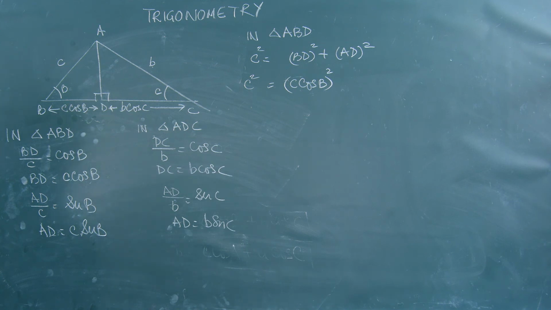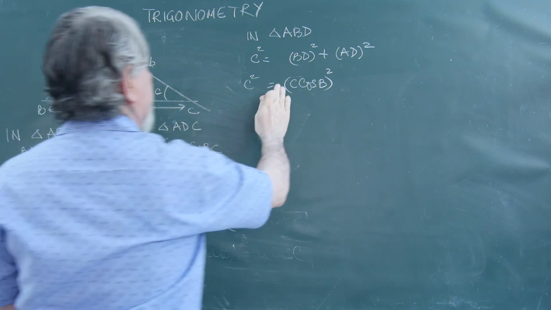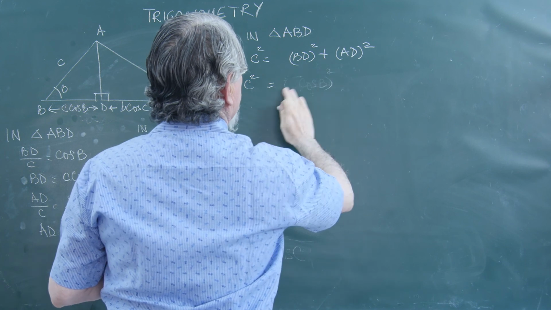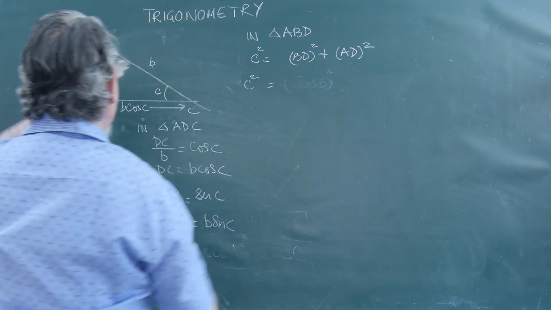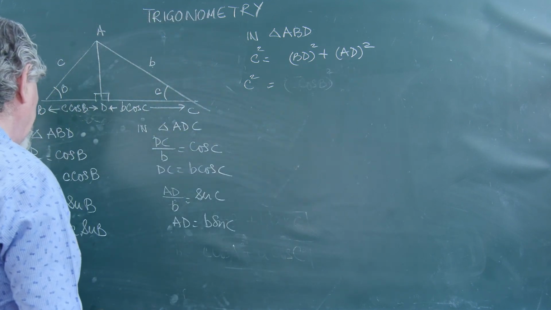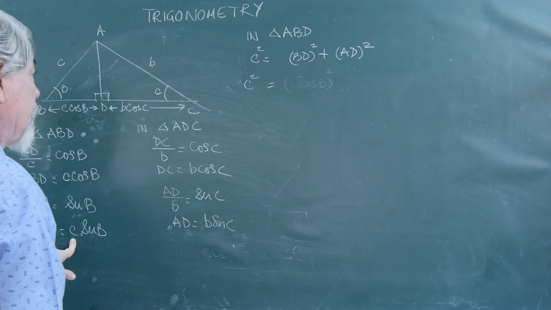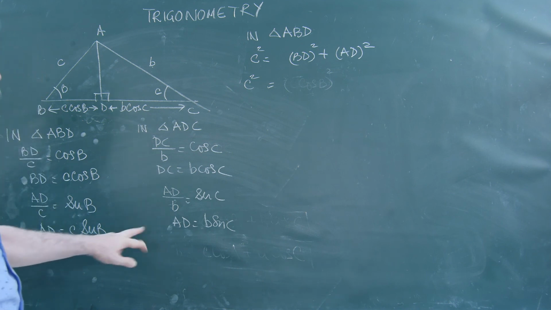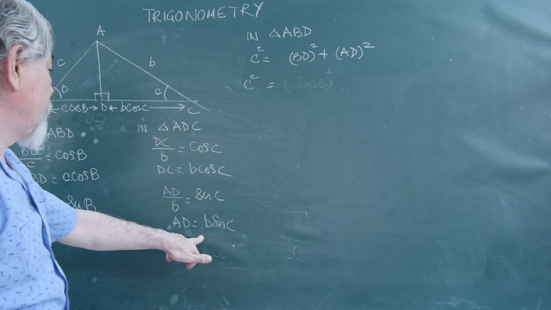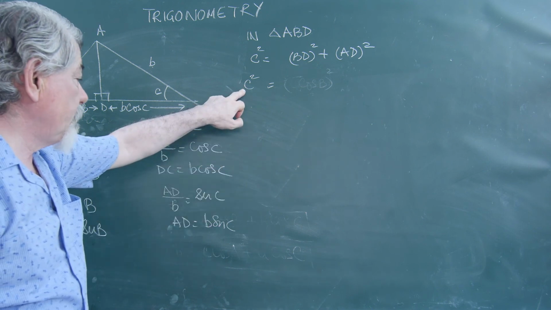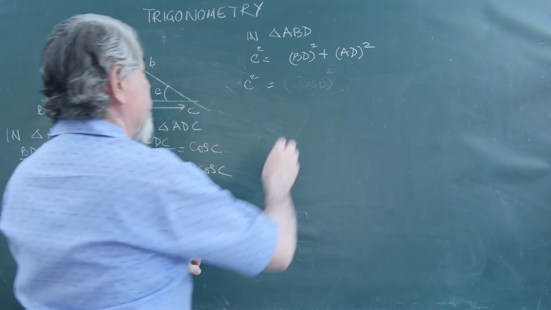And AD is what? I have C sine B, but I want to write B sine C. Because C is involved here, let us write B sine C.